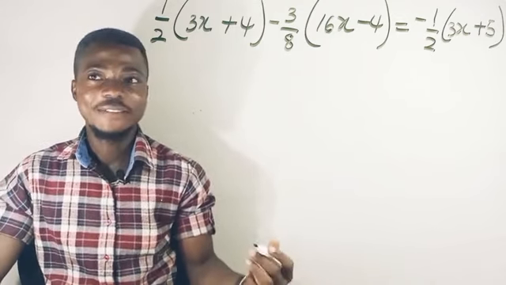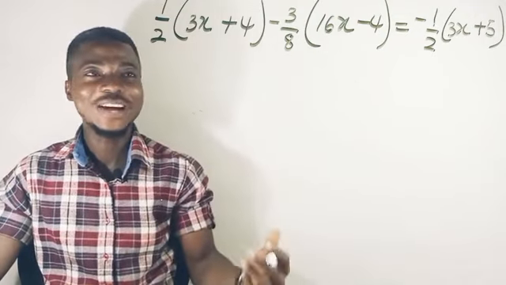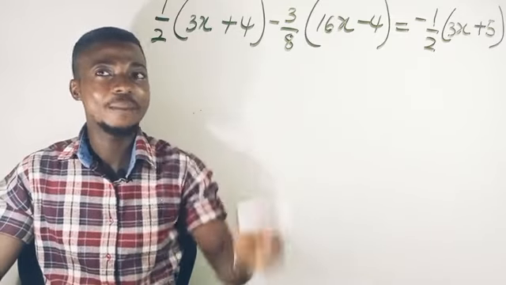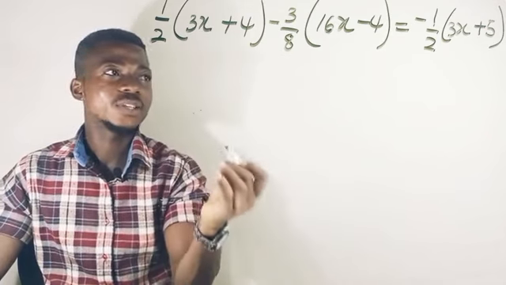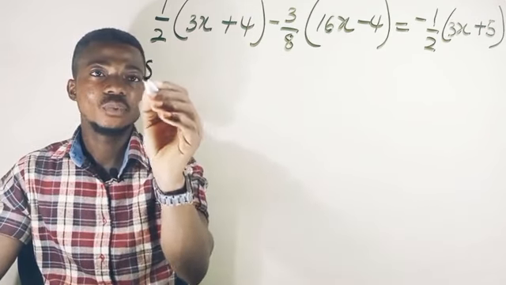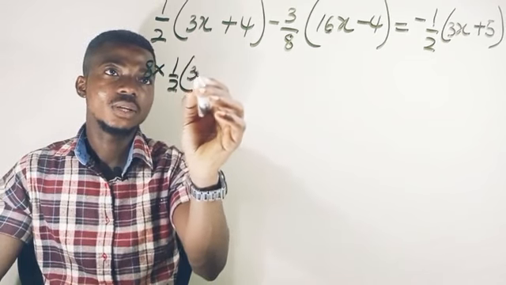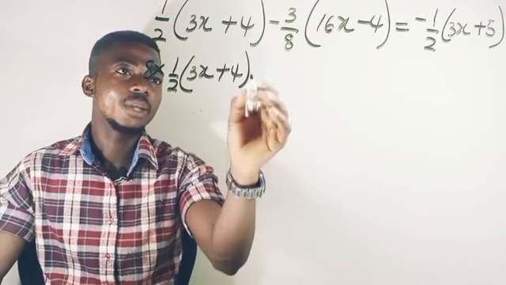Now, when you have the LCM, you multiply the equation through by the LCM. So you got this term, this term, this term. You multiply each term through by the LCM, okay? Great. So now the LCM is 8. You multiply this one. So 8 times 1 over 2, you have 3x plus 4, okay?